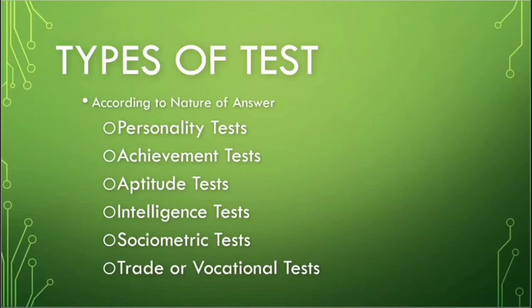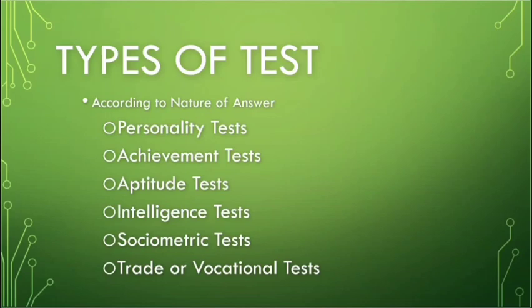For intelligence tests, this refers to testing the cognitive ability, the mental ability of the learner. It may contain items on verbal comprehension, abstract reasoning, and mathematical questions, grounded on a recognized theory of intelligence.